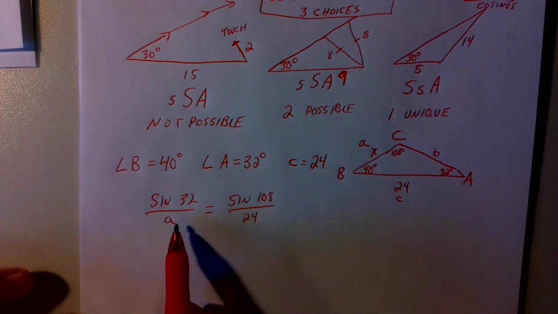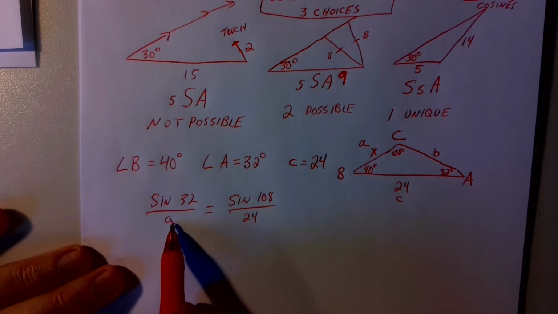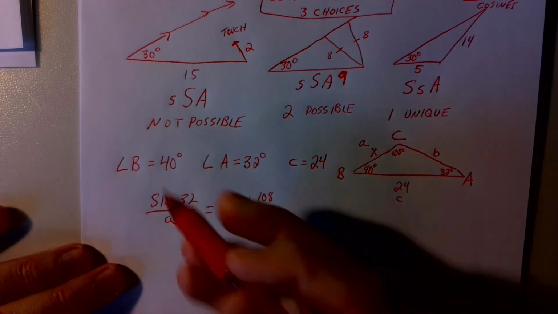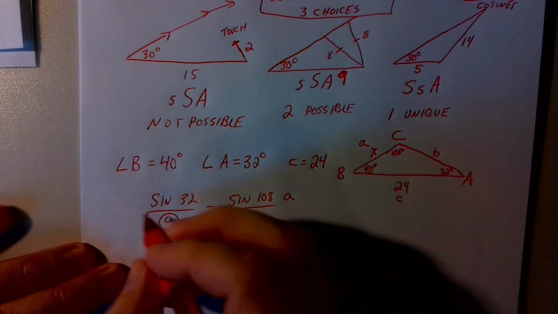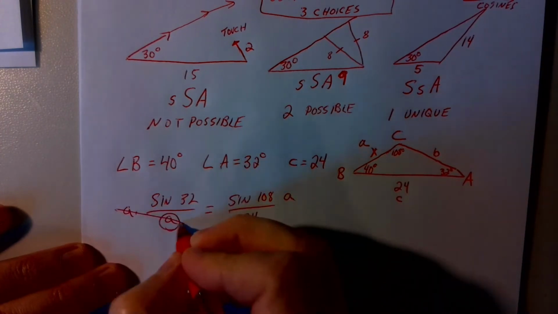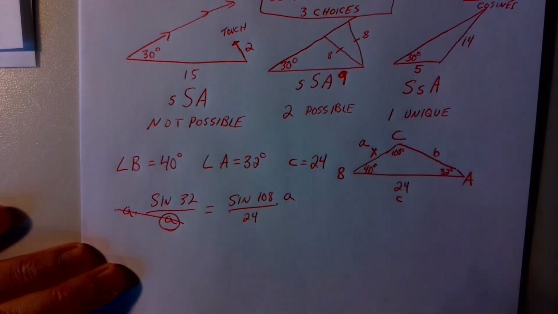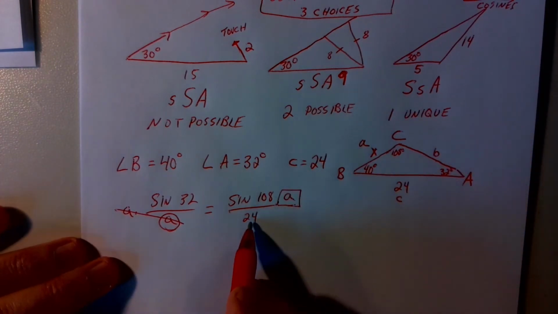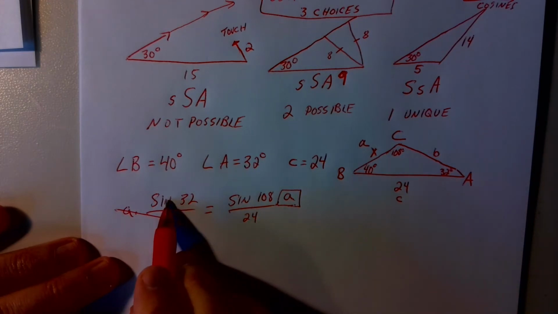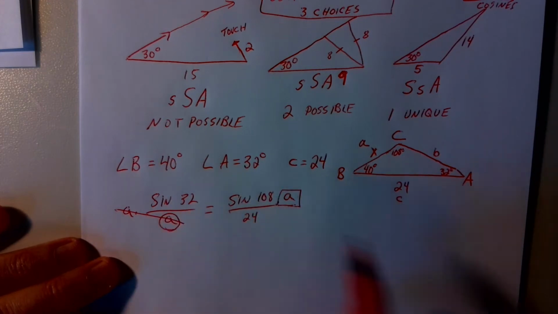Now I've got this little a on the bottom, and I've got to get the a out because that's my variable. So I'm going to bring it upstairs over here. That basically means I'm multiplying both sides by a. Then I'm still trying to get this a by itself, so I need to multiply by 24 sine 32, and then divide by sine 108.